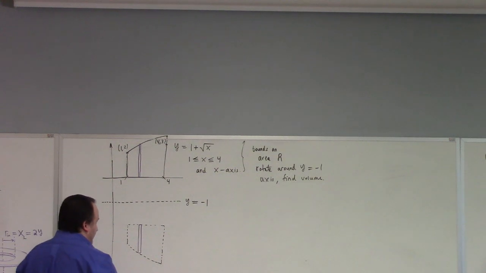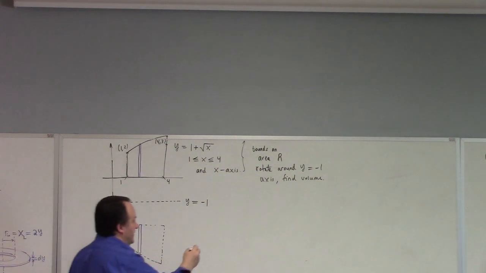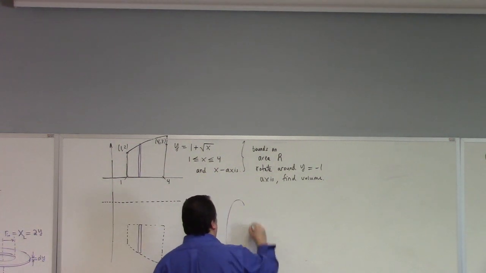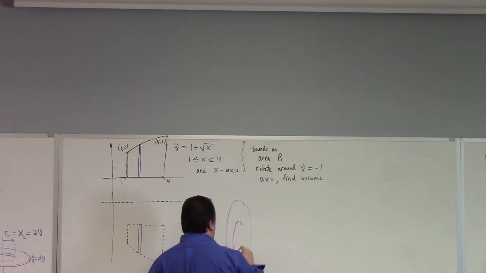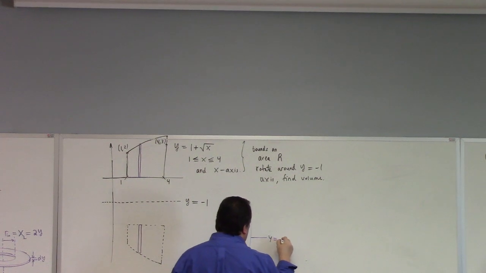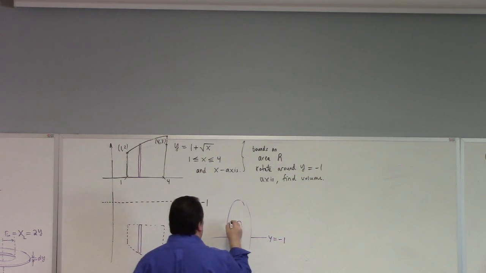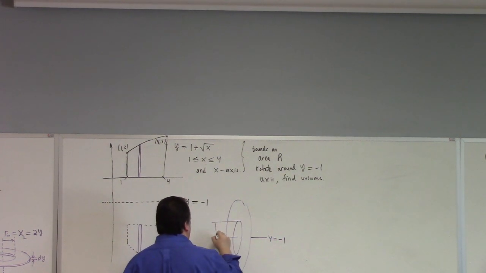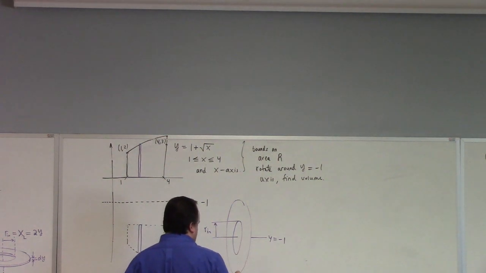If I was to draw it sideways over here, we've got y equals minus 1 in the middle. So here's my inner radius, and here's my outer radius.